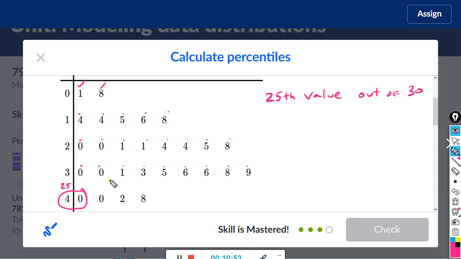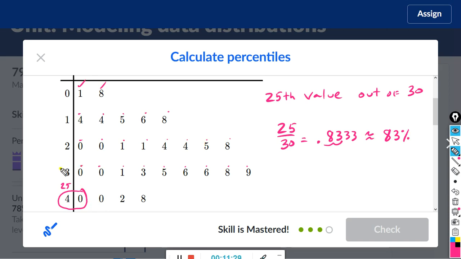We want to find how far that value is to the end of the data set. Since it's 25 out of 30, I'm just going to do 25 over 30. On the calculator, because I need a decimal here, I get 0.83 repeating. Rounding off, if you move the decimal over 2 places, that is approximately 83%.